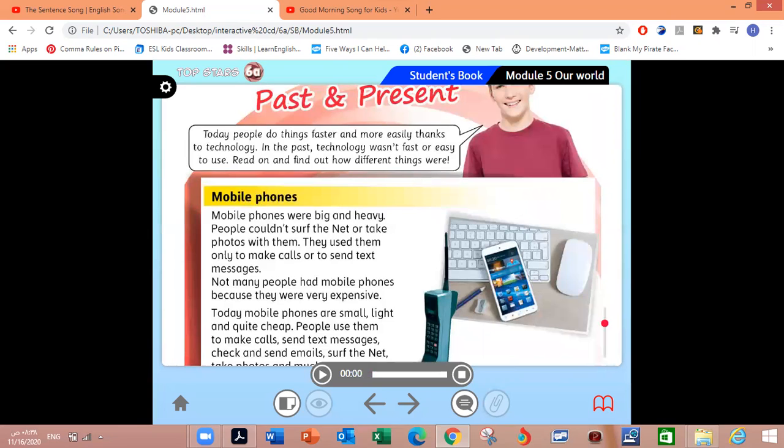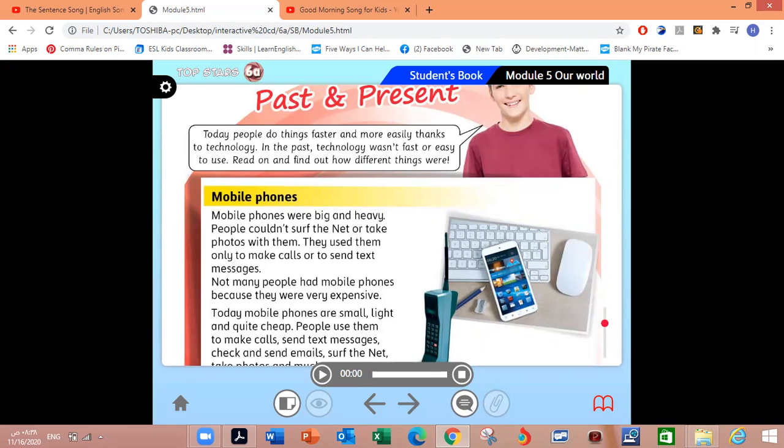Did the first computers have internet? No, they didn't. Where did computer users save their work in the past? Excellent, on a floppy disk. What do computers look like today? They are smaller. Very good.